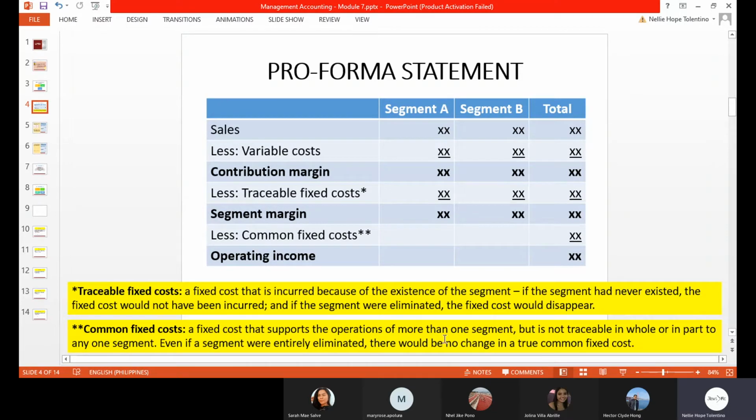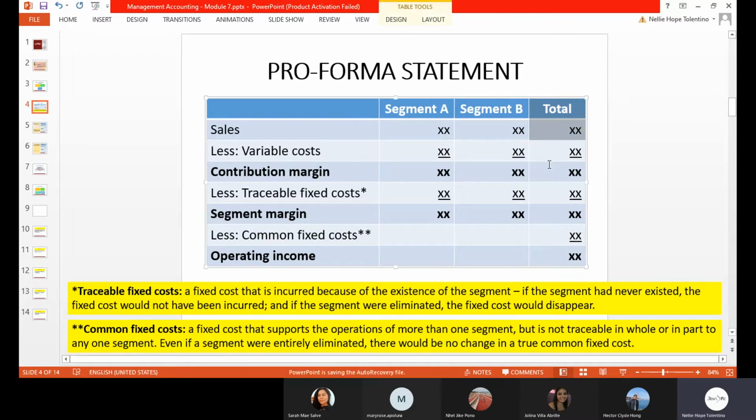It's a cost that supports the operations of more than one segment and is not traceable. That is why yung segment margins dapat mong i-add para makuha mo yung total segment margin, doon mo ililess ang common fixed cost para makuha mo yung operating income.